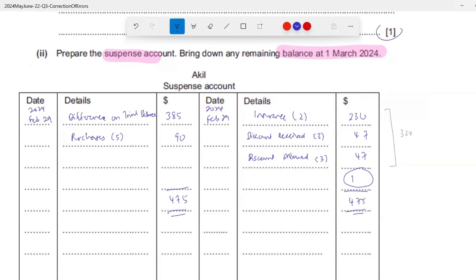There's a balance carried out of 151. So we bring down the balance to 1st March. Right. The reason there's still a balance in the suspense account is because there are some other errors not yet discovered or corrected yet.